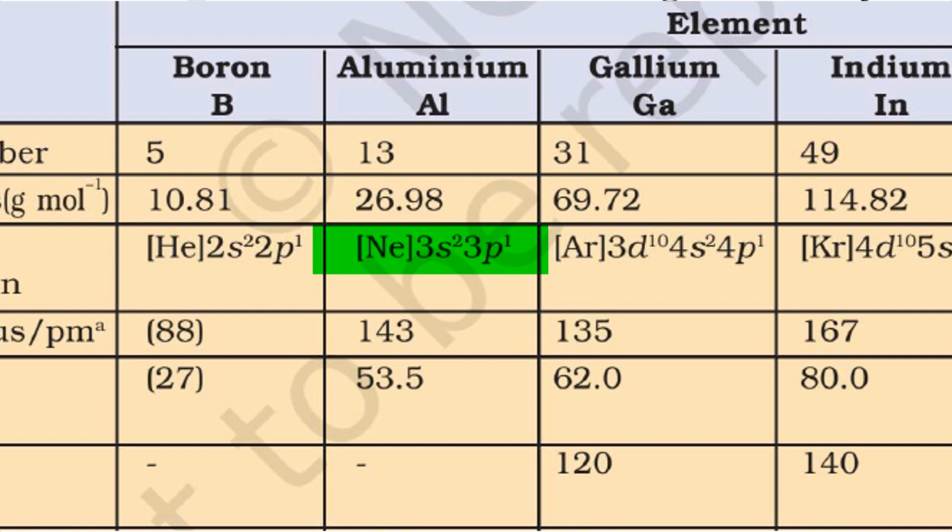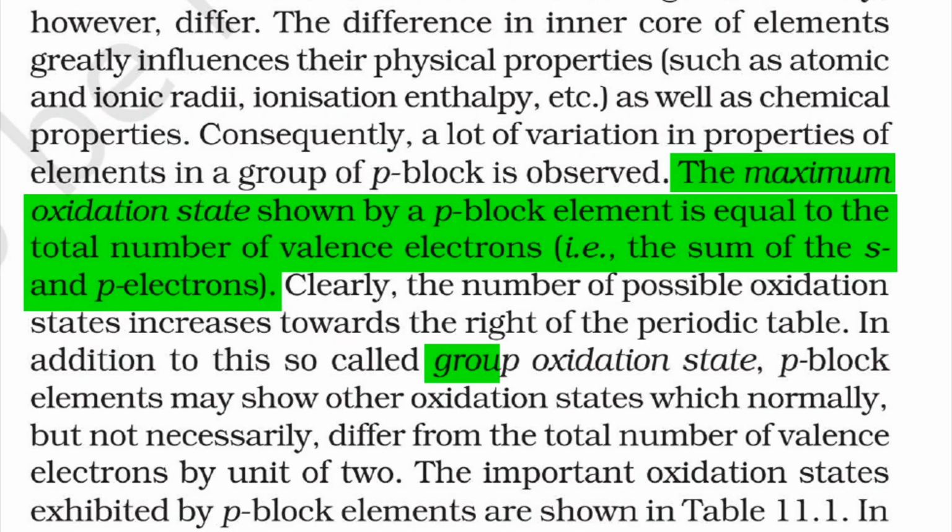In its outermost shell there are 3 electrons, 2 in s orbital and 1 in p orbital. So its maximum oxidation state is +3. This is called the group oxidation state, which is shown by the maximum number of elements in a group. Clearly, the number of possible oxidation states increases towards the right of the periodic table.